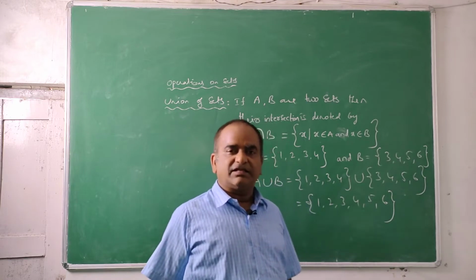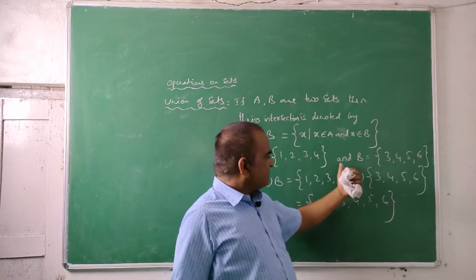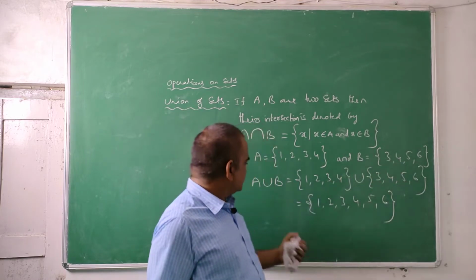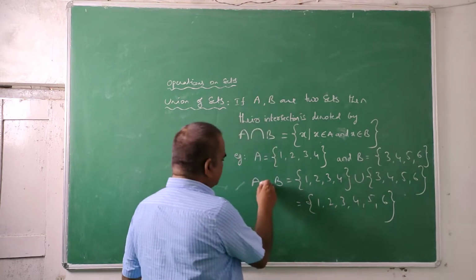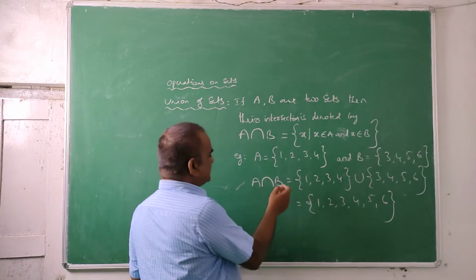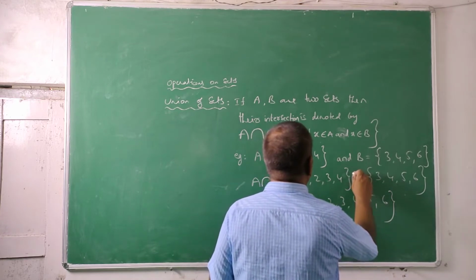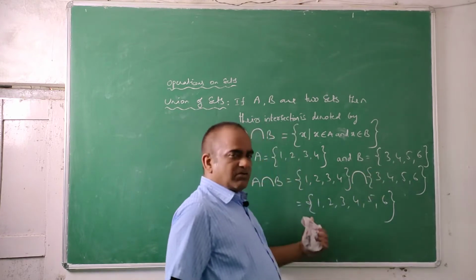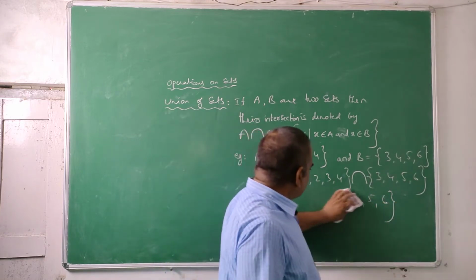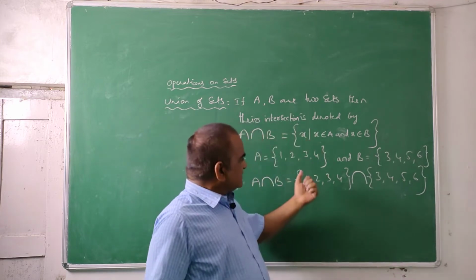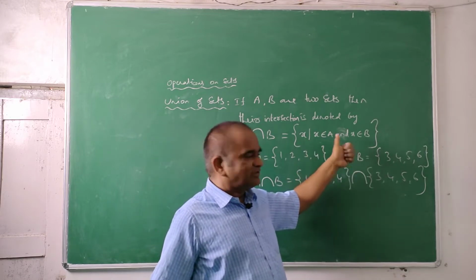Suppose we see with an example, A is equal to 1, 2, 3, 4 and B is equal to 3, 4, 5, 6. Then if you want to find A intersection B, it is 1, 2, 3, 4 intersection 3, 4, 5, 6. Now, intersection means such elements will come in intersection which are present in both the sets.